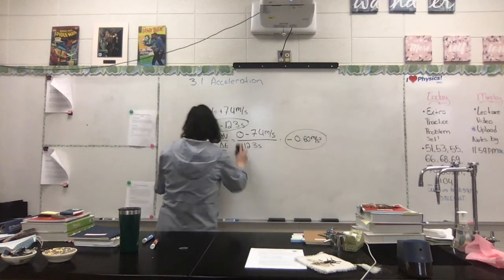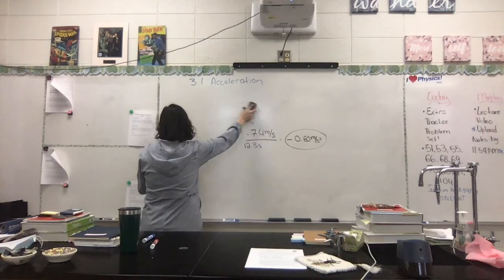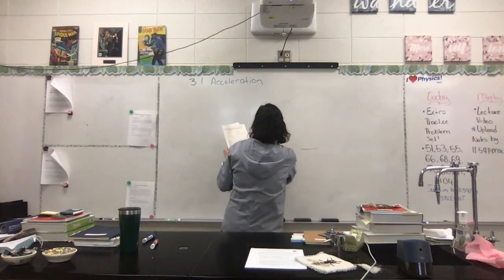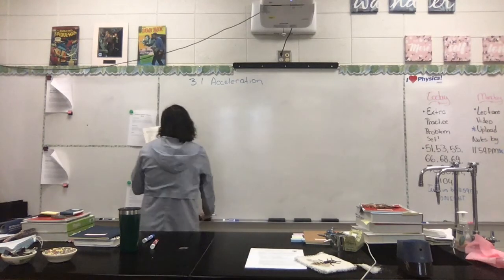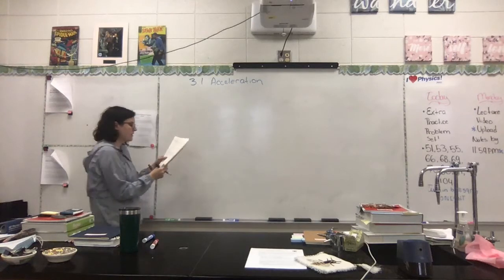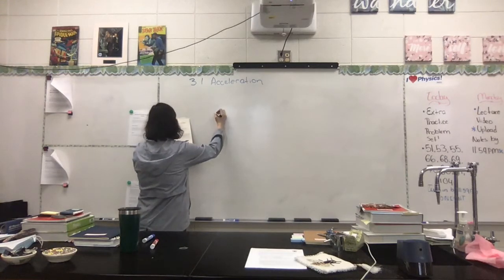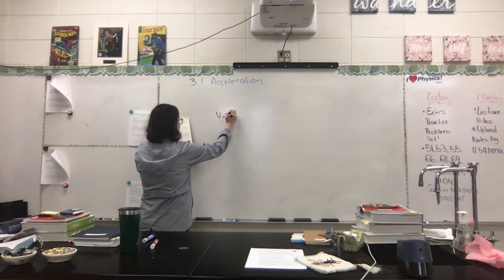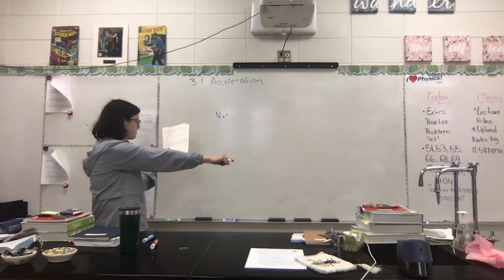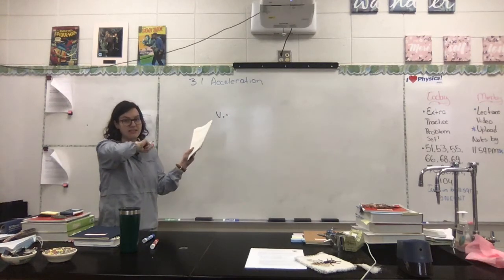Part B says the ferry returns to the Anacortes dock with a speed of 7.3 meters per second. Okay? So our V naught is 7.3, but remember, it's returning now. So when it was heading to the island, it was going in the positive direction.